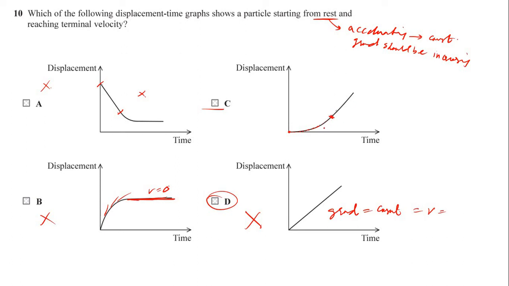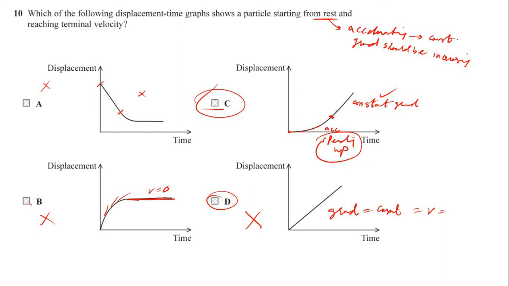So in this interval we have acceleration, speeding up, and then we have a straight line, so we have a constant gradient. Constant gradient. So speed is increasing and then moving with constant speed. So this is the displacement time graph for terminal velocity.